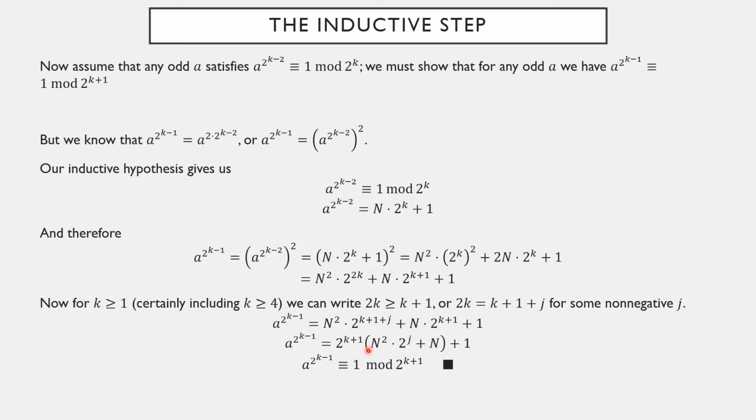So having assumed that a to the 2 to the k minus 2 was equivalent to 1 modulo 2 to the k, we derive a to the 2 to the k minus 1 is definitely equivalent to 1 modulo 2 to the k plus 1. And this held for any odd number. Therefore, we've completed an inductive proof that this formula holds for all odd numbers, and therefore all elements of reduced residue systems mod powers of 2, modulo 2 to the k where k is 4 or larger.